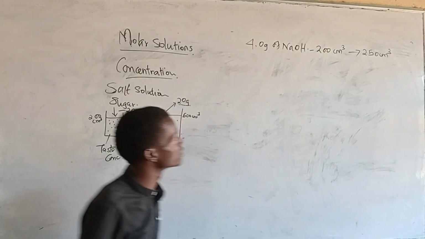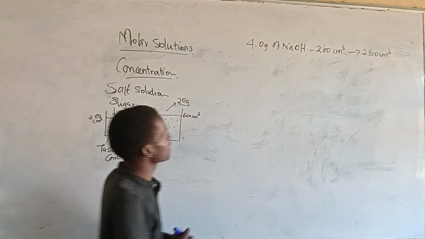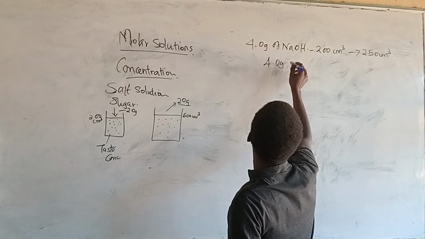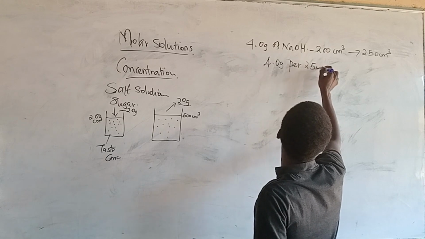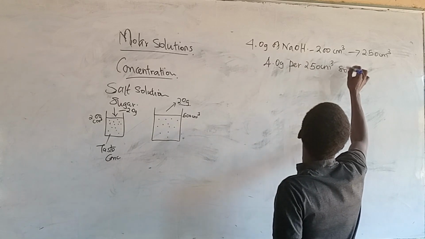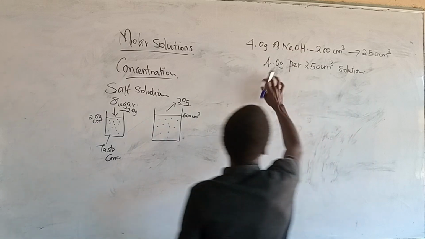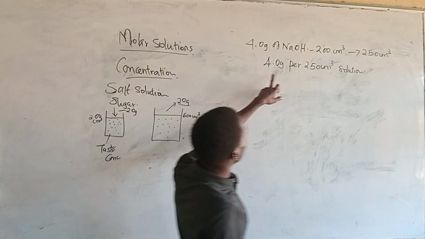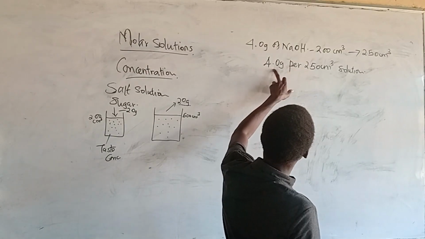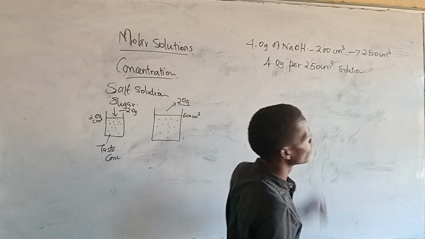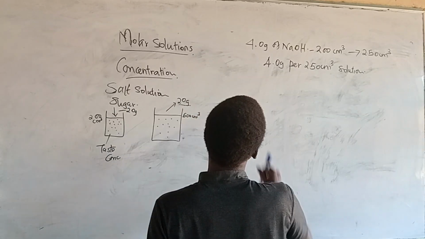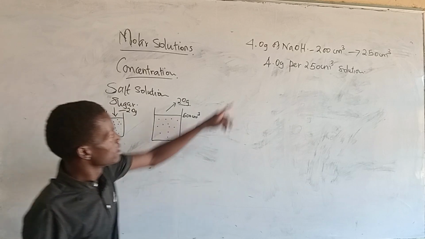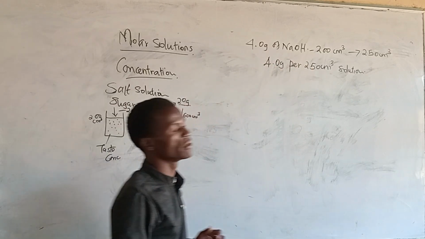If I ask you what is the concentration of sodium hydroxide, you are going to tell me that this is 4.0 grams per 250 centimeter cubed of solution. Now this is the concentration. That's where we say this mass is dissolved in 250 ml of solution.